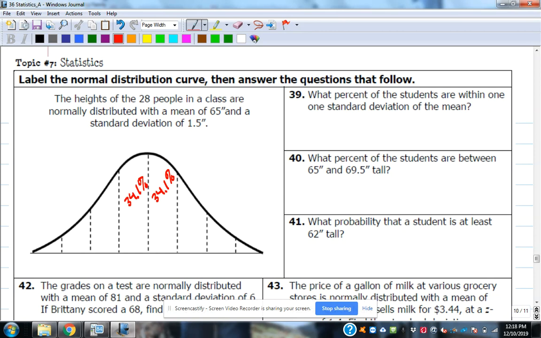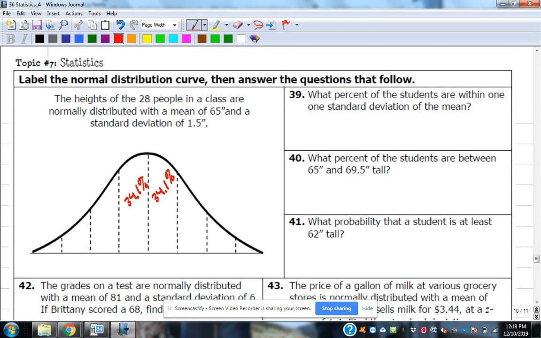These sections are created by what's called the standard deviation. The standard deviation is a measure of distance from the mean to the data points. It's not quite just an average of the distance between a data point and the mean. It's a little bit more complicated than that, but that's kind of the idea of it.